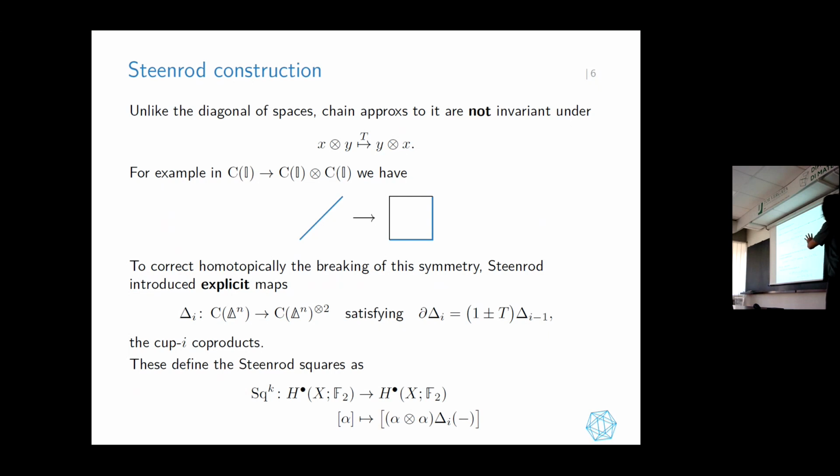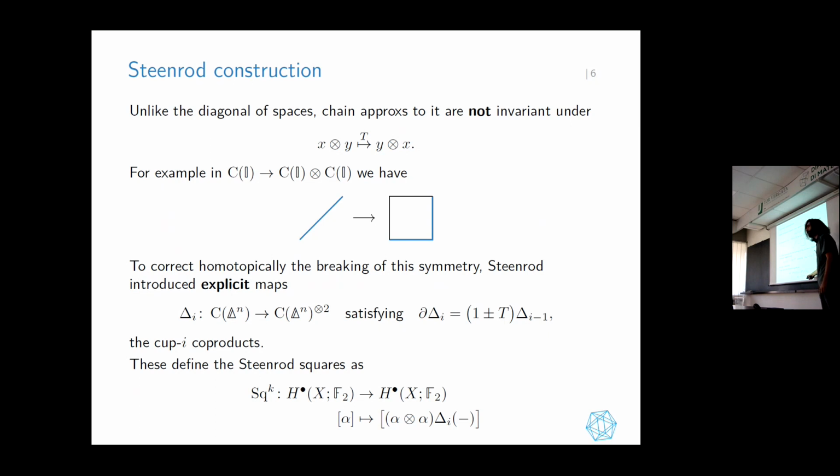And once we have this structure, which is defined, I want to insist on this, at the chain level, we can extract this celebrated structure at the cohomology level, the Steenrod squares, which are endomorphisms of cohomology with mod 2 coefficients, defined by this formula. We take a cocycle representative and we send it to the cohomology class represented by this cocycle.